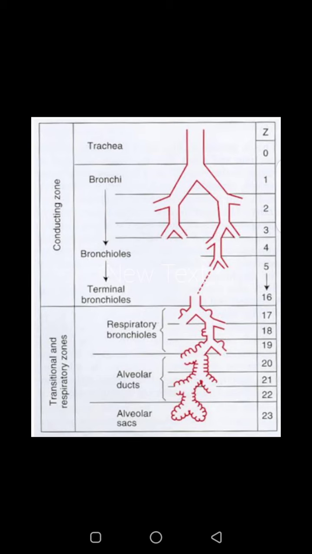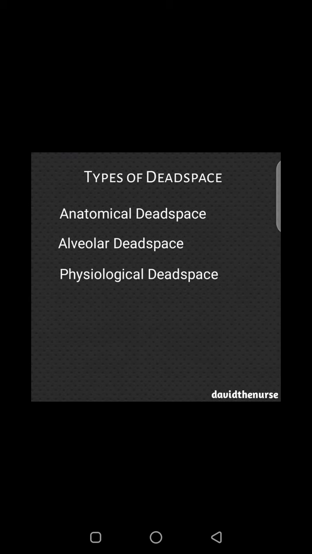That is, out of the 500 mils of air inhaled by the patient, only about 350 mils participate in gaseous exchange. The remaining 150 mils remain at the conducting zone of the respiratory tract. So that is what we call the anatomical dead space. All right. Then move on to alveolar dead space.